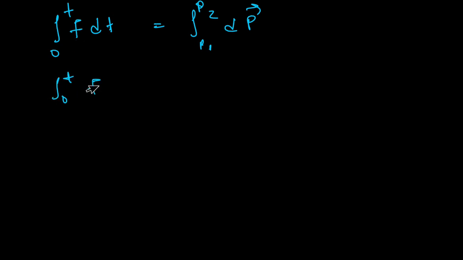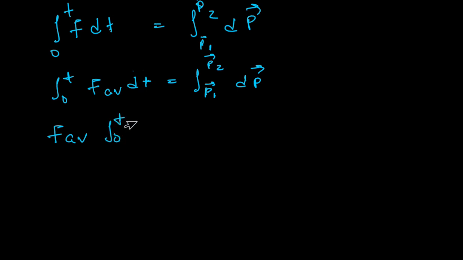Then we will have force average dt is equal to integration from p1 to p2 dp. Integrating both sides, force average is constant, so we can take it out common. The average force is constant, then this will become 0 to t dt, and which is equal to p1 to p2 dp.